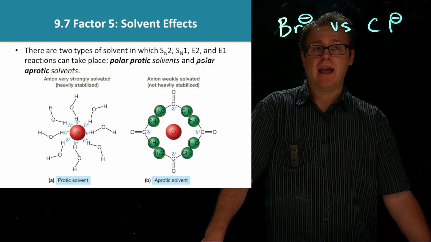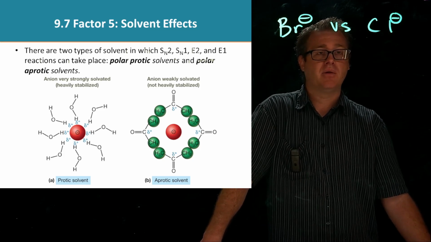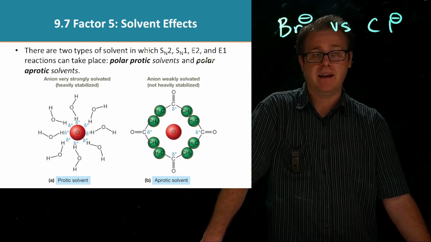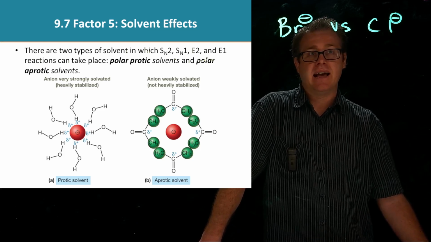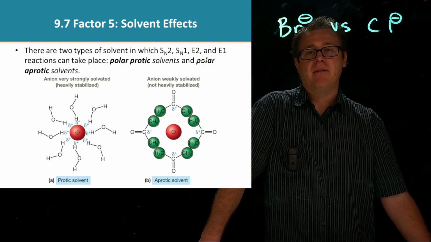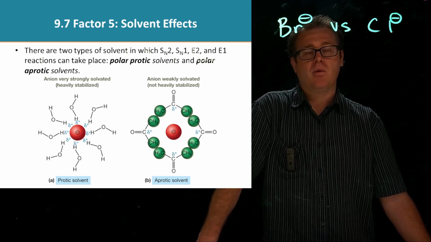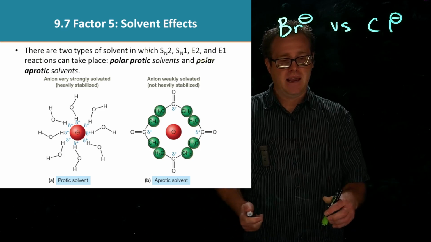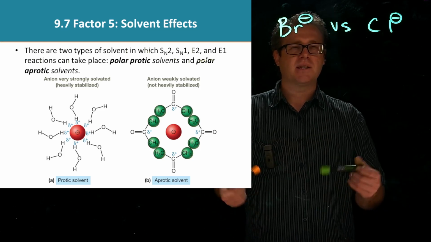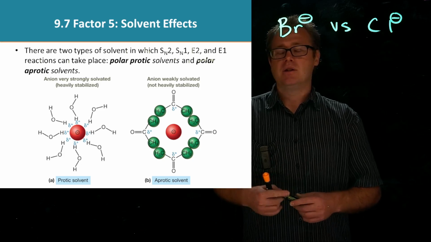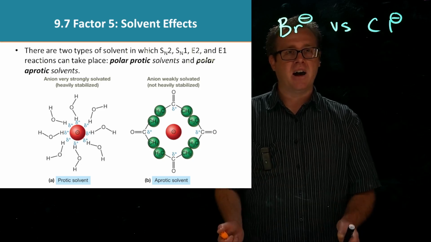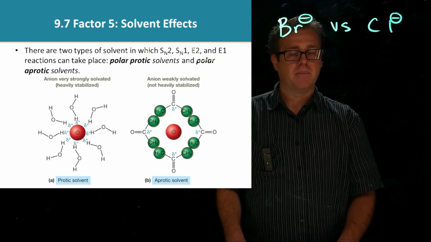Whereas a polar aprotic solvent, the one shown on the right in the PowerPoint, does not interact with the anions as well. And for our purposes, we're going to make the statement that polar aprotic solvents don't solvate anions very well.